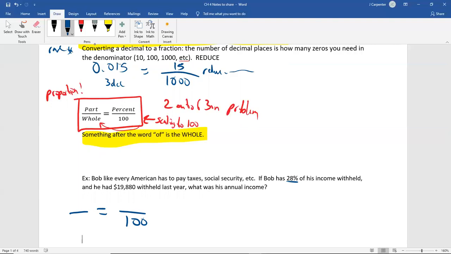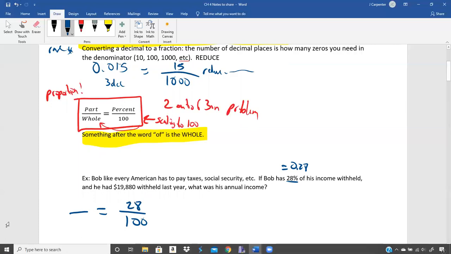Now, some people will go, oh, okay, well, 28%, this is 0.28, so then they'll put 0.28 over 100, which is wrong. Because 28% as a fraction is 28 over 100. If you don't trust me, just put that in a calculator, and 28 over 100 is going to be 0.28.